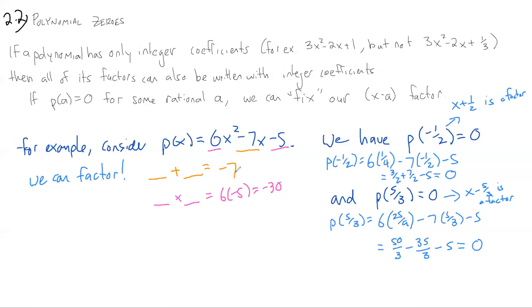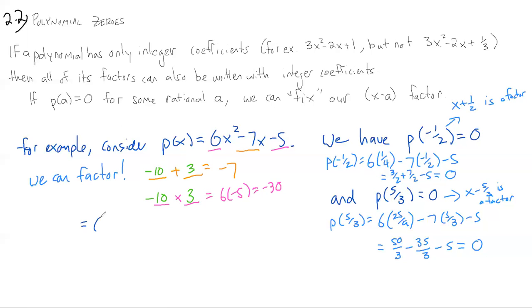Because the product is a negative, there'll be a difference. So I want a product of 30 and a difference of 7. And to me, that is 10 and 3. And then one of them needs to be negative to give me that negative product. So that works. And this is the long way of doing this factoring.